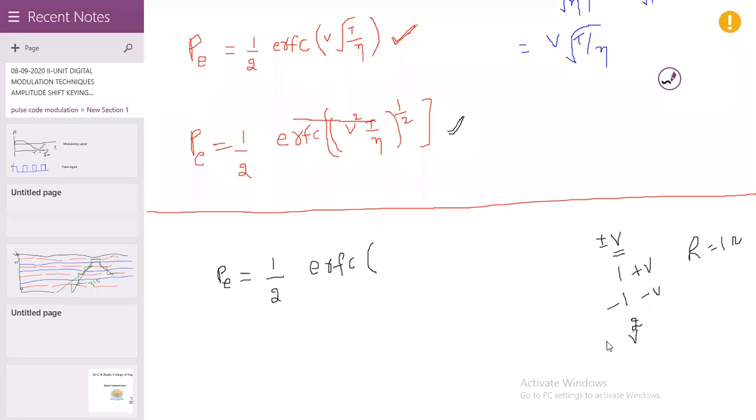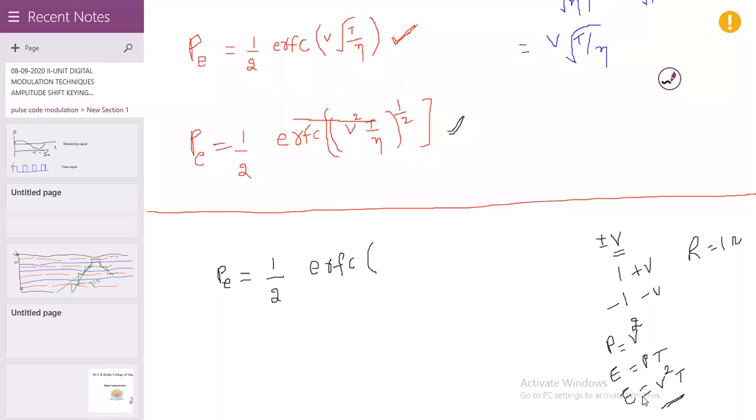So the power in that one bit duration is V squared. The energy is the power multiplied by the bit duration, so the energy is V squared T.